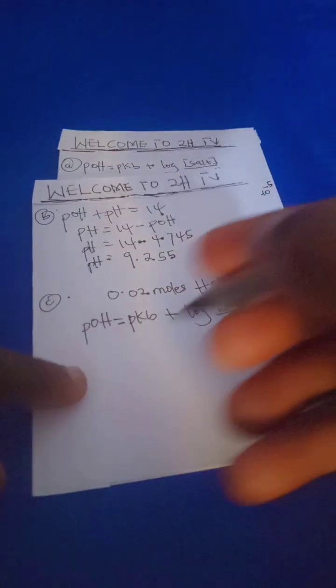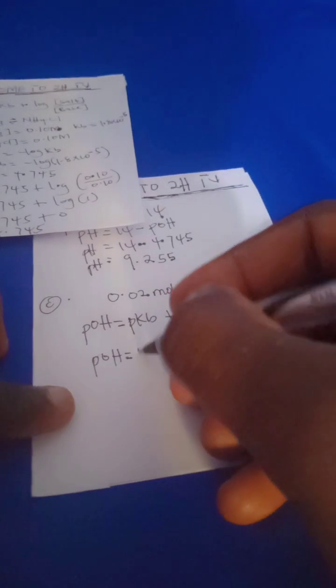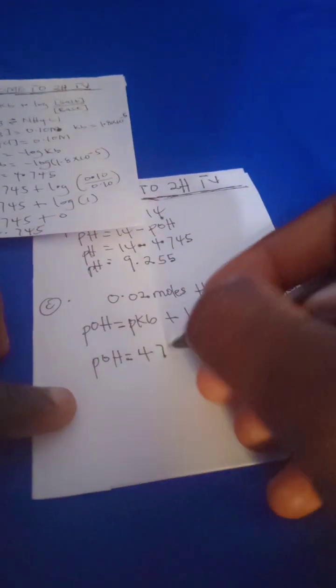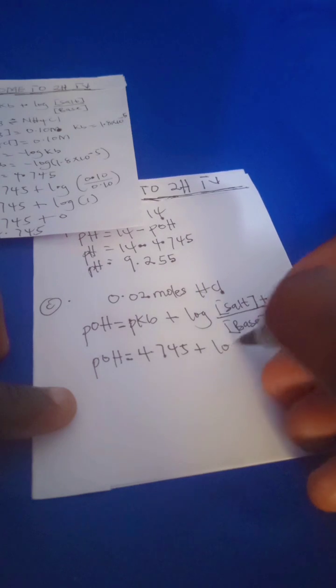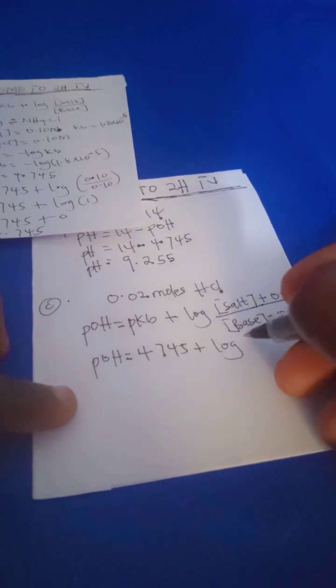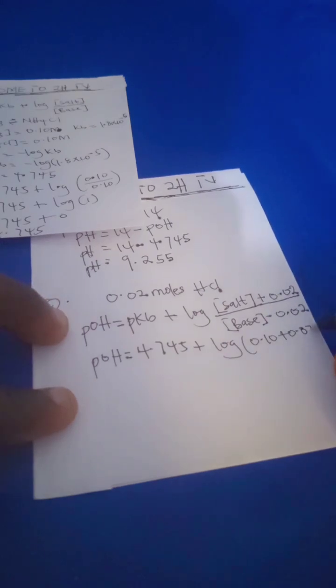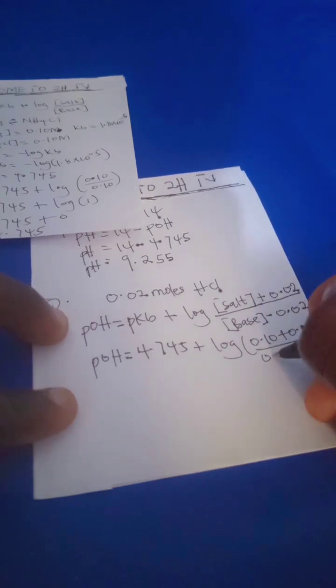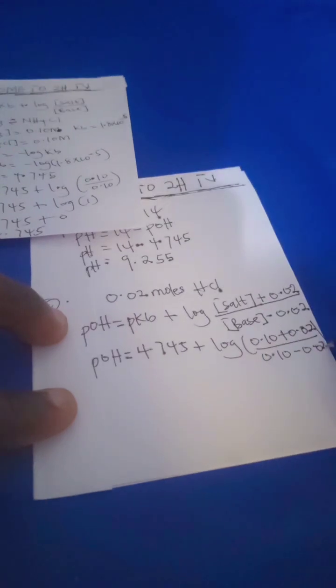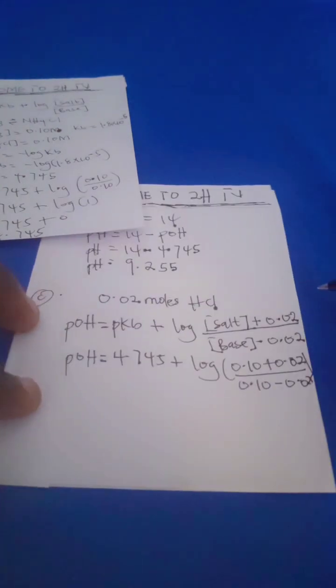Our pOH is equal to, we know our pKb, which was 4.745, plus log of the salt, so (0.10 plus 0.02) divided by (0.10 minus 0.02), right? So this is what you are going to get.